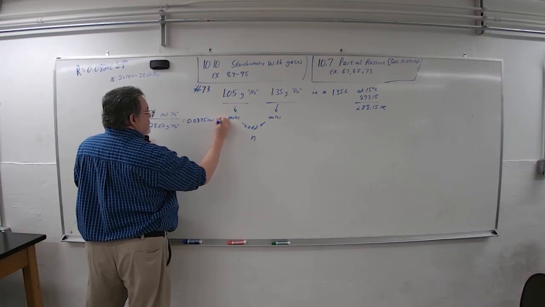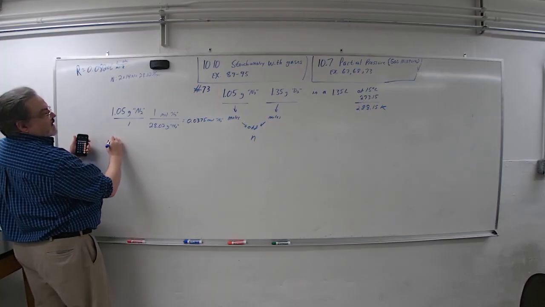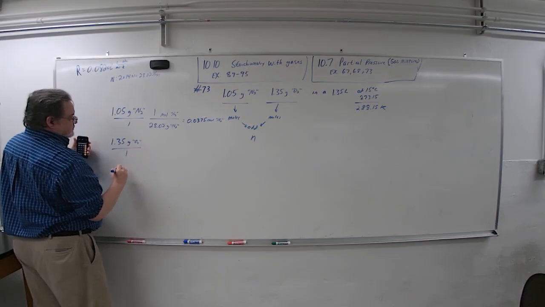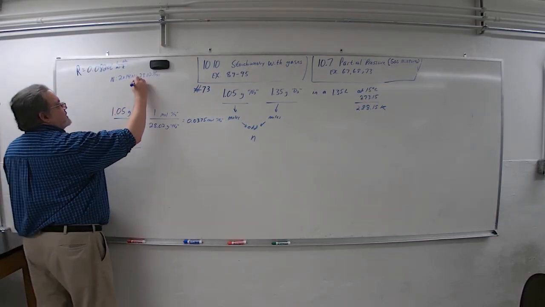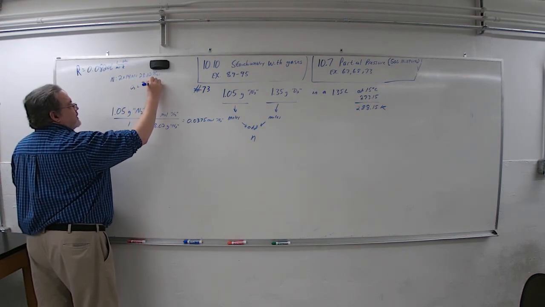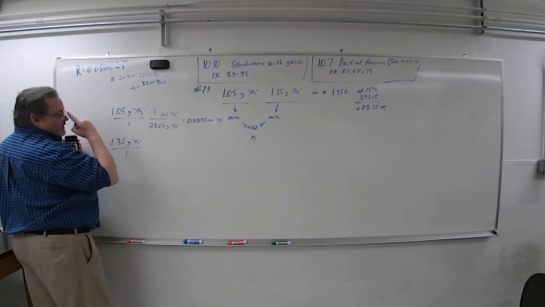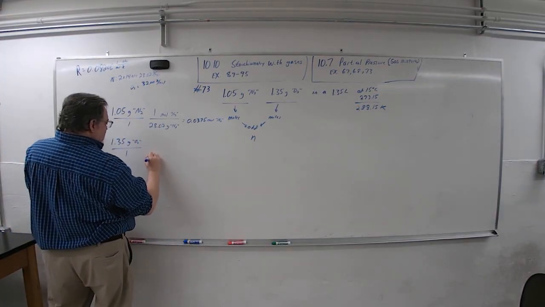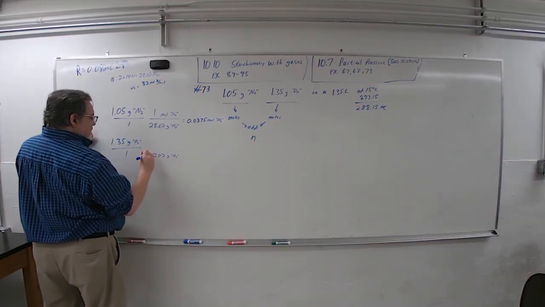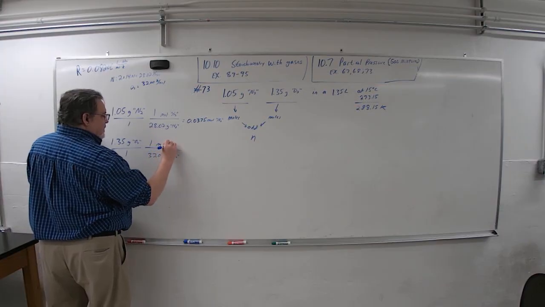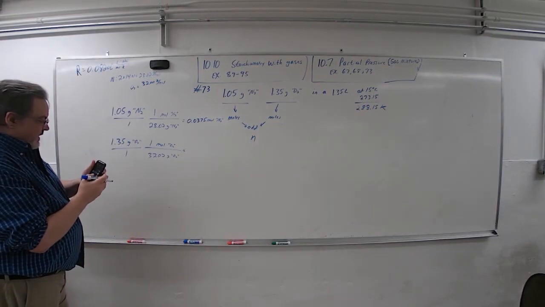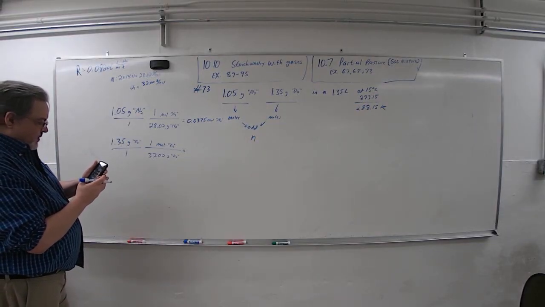Moles of N2. And we've got O2. That's going to be 32. 16 for each oxygen that's there, so 32.02 grams per mole of O2. Then the grams of O2 divided by 32.02.